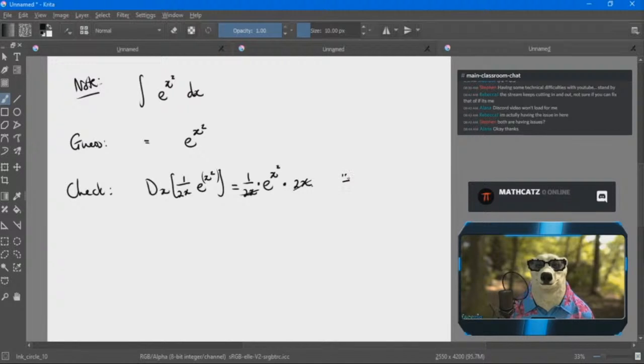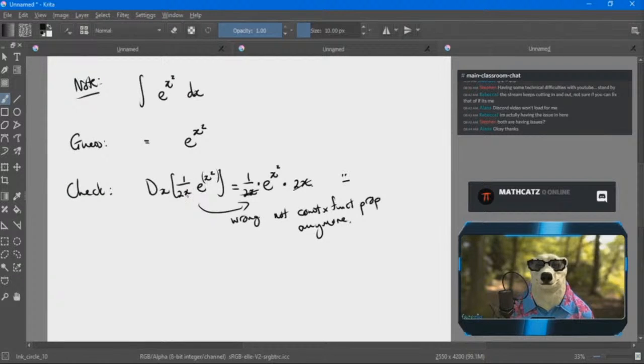I'm not sure, because this isn't correct anymore. I have now put something in front of my e to the x squared that is not just a constant. So it's not the constant times a function property anymore. I can only do that if I have numbers in front.